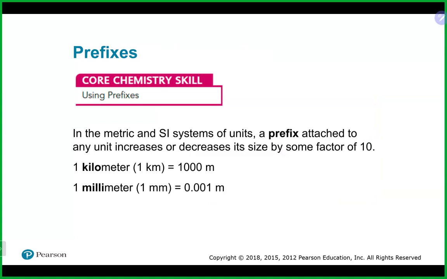So there's a table we'll see and a table in your book, and very often what you'll see in those tables, for example, is something like kilo, and it'll say something like 10 to the 3. And we want to make sure that we use it correctly. It's a very common mistake that people will do this conversion incorrectly.